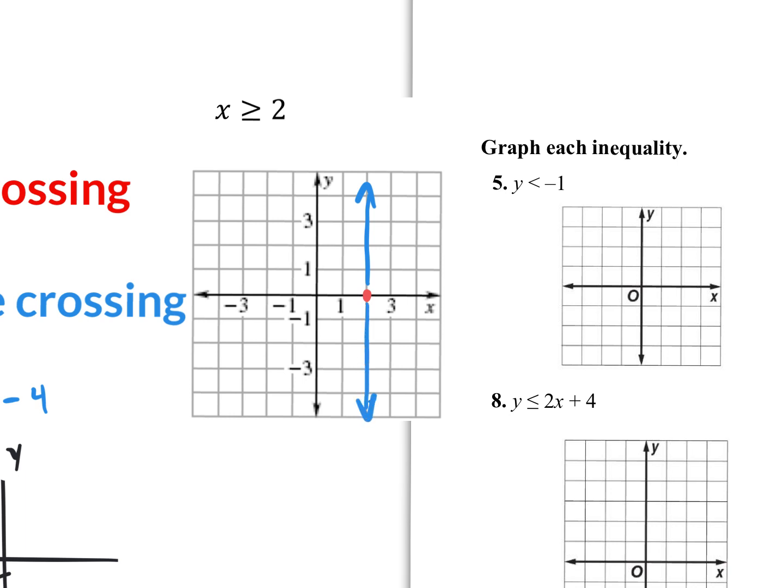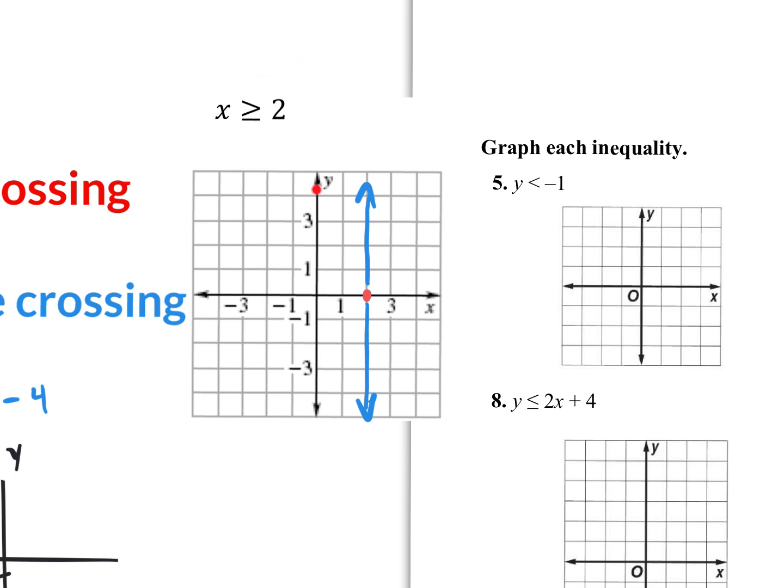Okay, now I need to shade either above or below. But what the heck? What do you mean? That concept of shading above or below, that shortcut was only because y was by itself. Remember, we had y is greater than something, that'd be above that value. Y is less than something, that's below that y value. Why?